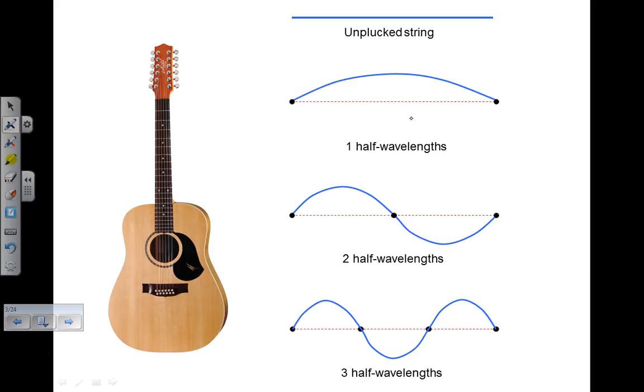Now, when you just strum a guitar without touching any of the frets, the guitar makes a certain sound. And the reason why it makes a certain sound is because it has a wavelength of maybe something like that.